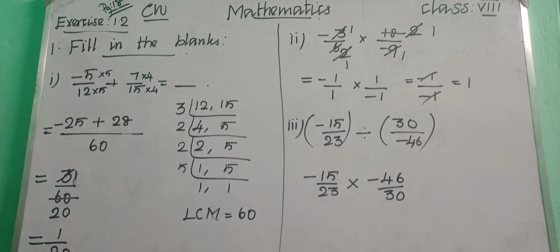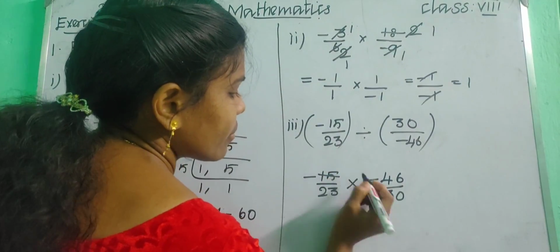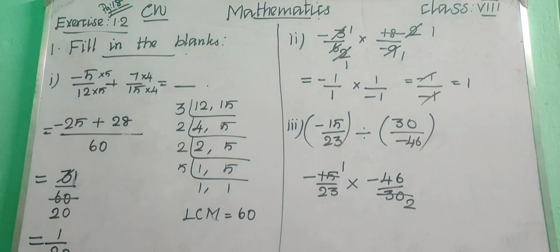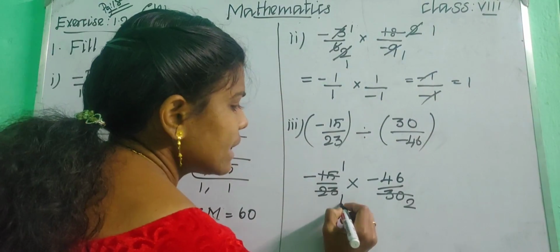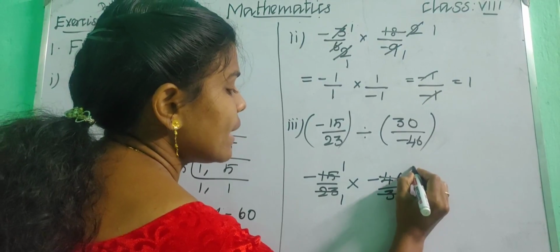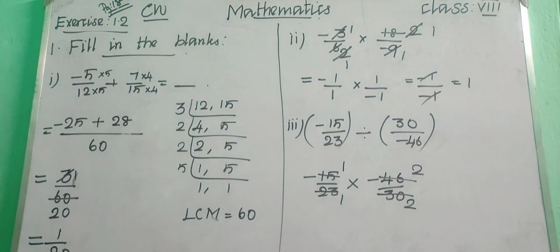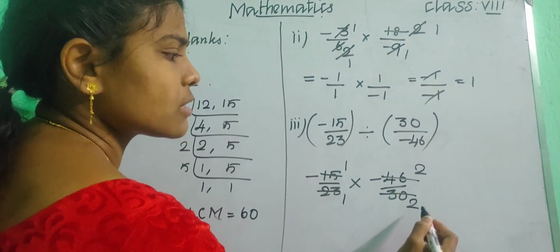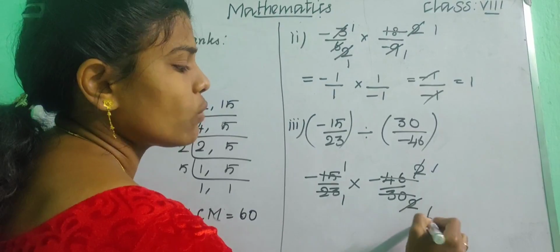Okay children, see, 1 15 is 15 and 2 15s are 30. And 1 23 is 23 and 2 23s are 46. So now we have 2 here and also 2 here. 1 2 is 2 and 1 2 is 2.